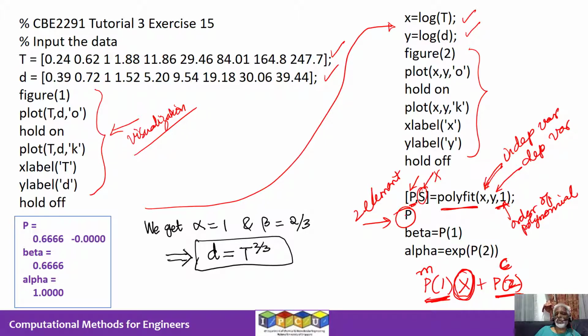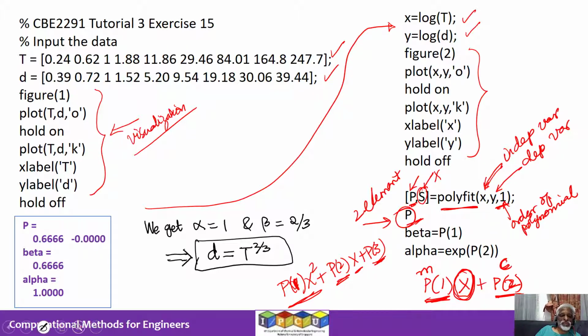If you use a second order polynomial, P will have three elements: P1 x squared plus P2 x plus P3. We have not done that, but if we did a second order fit, the first element of P would be the coefficient of x squared, the second element would be the coefficient of x, and the third element would be the constant term, or the coefficient of x to the power of 0.